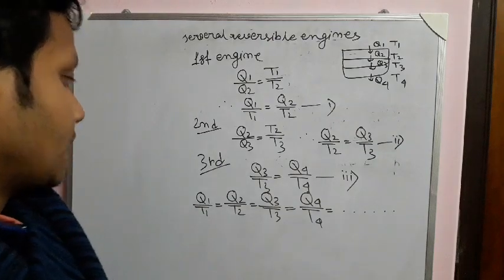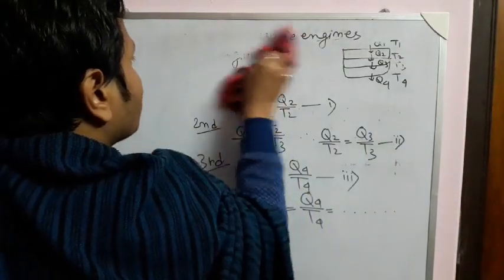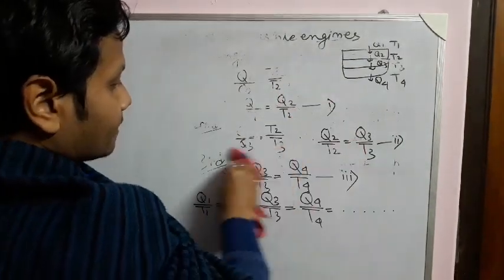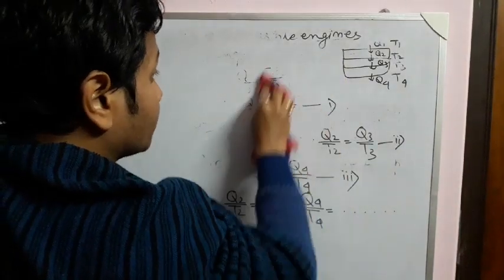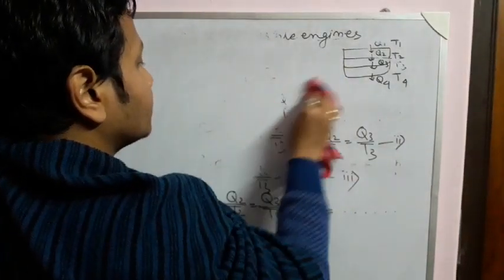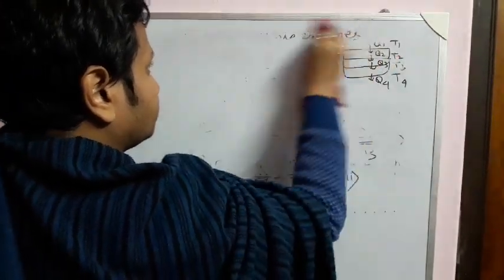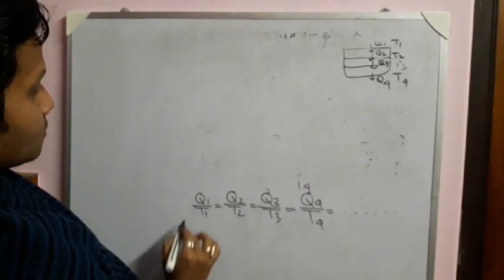Now, we all know from mathematics that if we can write this line, that is equation 3, then this also equals something else.